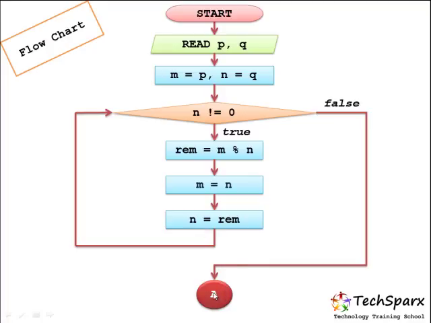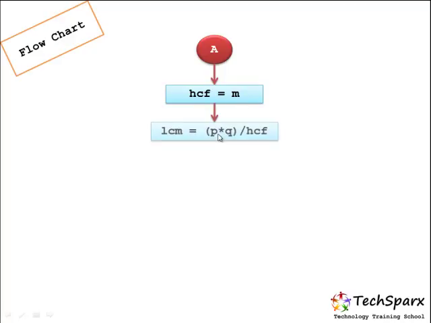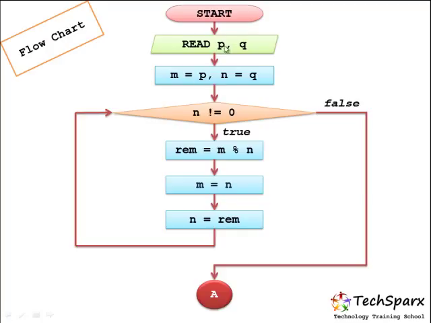Because I am not able to write it in the same slide, I put this label A. I'll continue the label in the next slide. So whatever was left out in m will be my HCF. Now how do you find the LCM? This is also part of the algorithm. What were the original values?